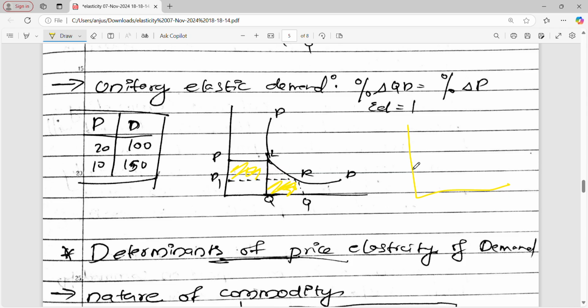That is, if the price decreased from 100 to 50, then the quantity increased from 50 to 100. That's it.